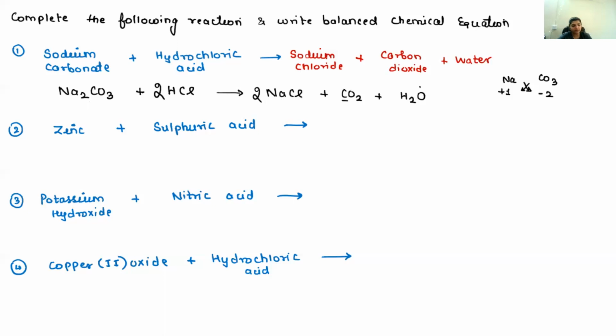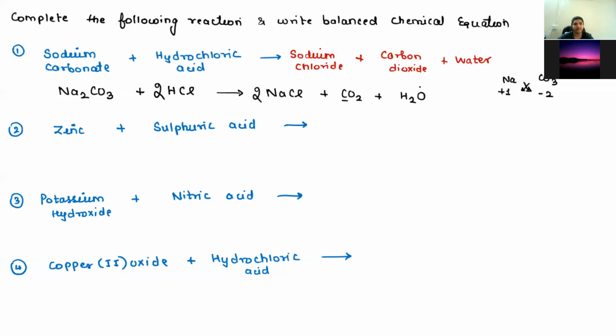Let us do the second one. Zinc plus sulfuric acid. If you are taking metal plus sulfuric acid, what will you get? What was your first equation? Metal plus any acid. Over here your metal is zinc and your acid is sulfuric acid. What kind of salt will you get? It will depend on which acid you are taking.